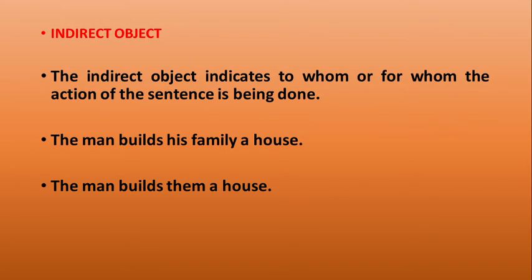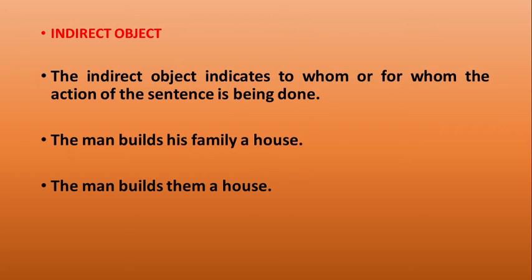Another type of object is indirect object. The indirect object indicates to whom or for whom the action of the sentence is being done. There are some verbs that receive direct and indirect objects, means both the objects. Look at these two examples.